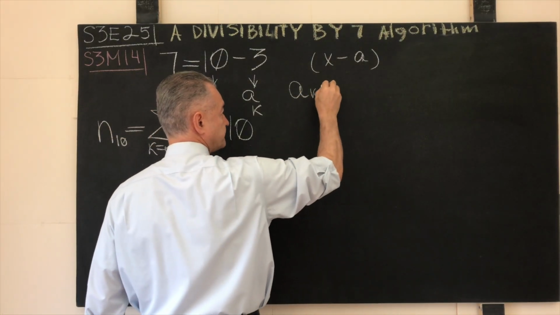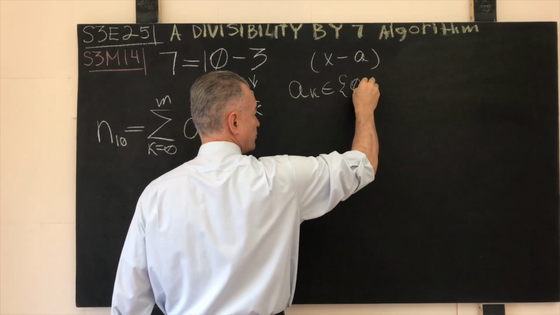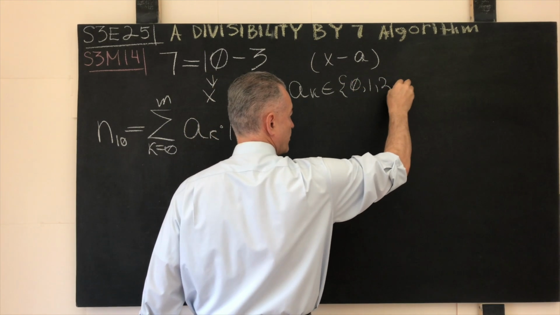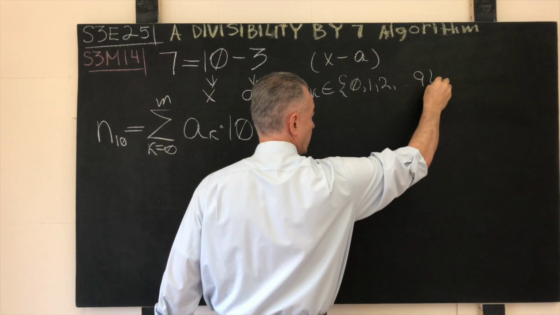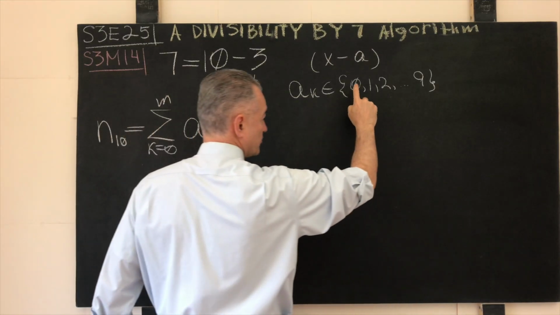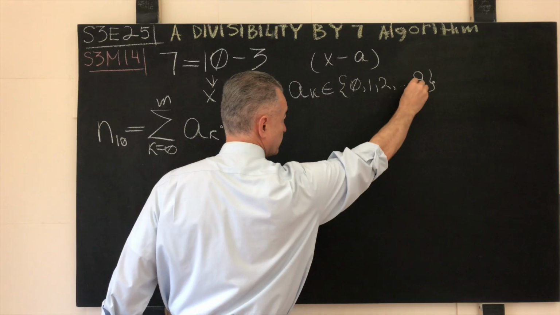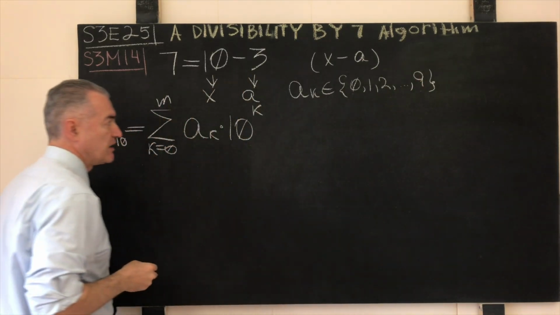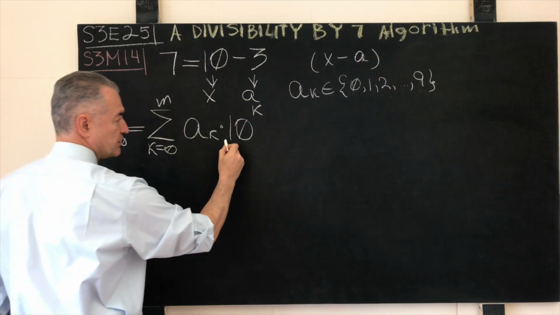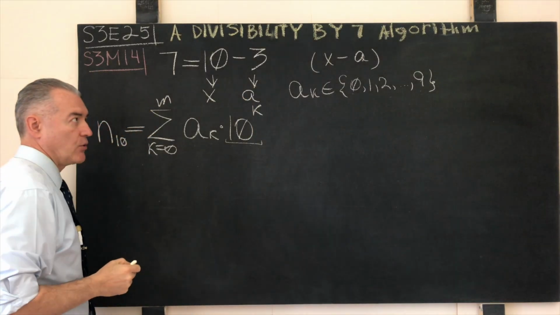The a_k belongs to a set of numbers that run 0, 1, 2, 3, so on, up to 9. This is the alphabet for base 10. These numbers run from 0 to b minus 1. b is equal to 10, so the numbers run 0 through 9. So you can see, this is one number already raised to a certain power.